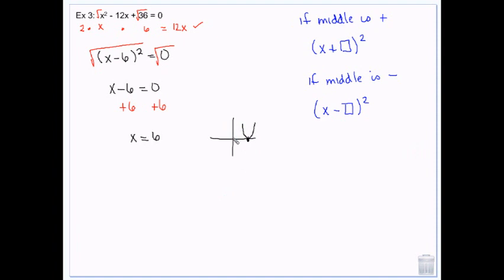So that's the only time you just get one answer, is if you have a perfect square trinomial. Every other time you'll get 2. And then, does anybody have questions about why this jumps to that? Like the square root of x minus 6 squared?